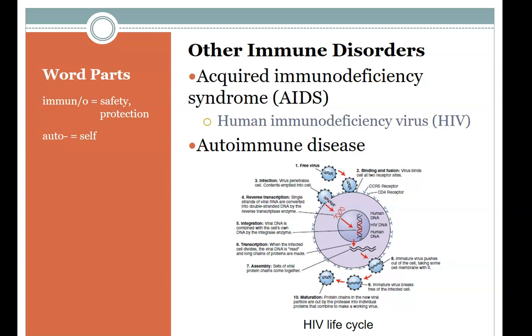An autoimmune disease is a condition in which a person's T cells attack his or her own cells, causing extensive tissue damage and or organ dysfunction. Examples of autoimmune diseases include myasthenia gravis, rheumatoid arthritis, systemic lupus erythematosus, and multiple sclerosis. Your word parts: immuno is safety and protection, and auto equals self.